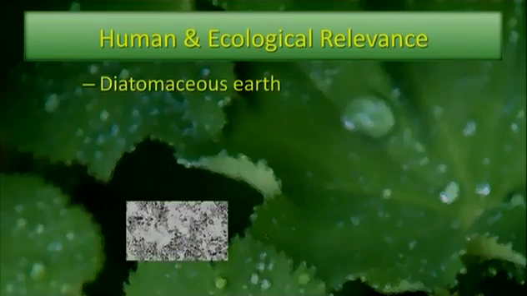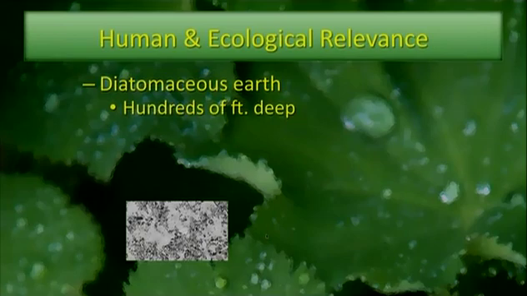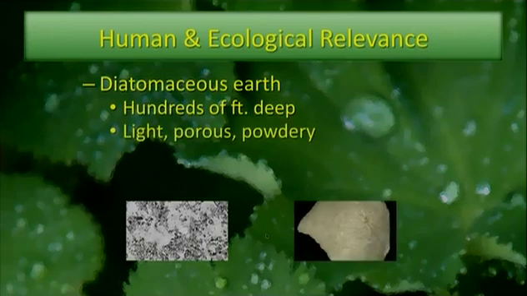Now, diatomaceous earth is the glassy shells of diatoms. In some places on the planet, they're hundreds of feet deep, even thousands of feet deep, of these microscopic, light, porous, powdery shells of diatoms.